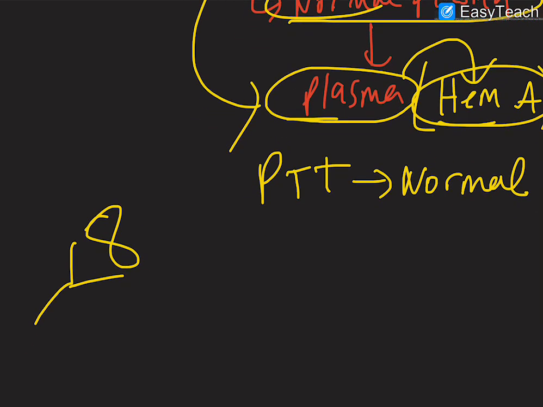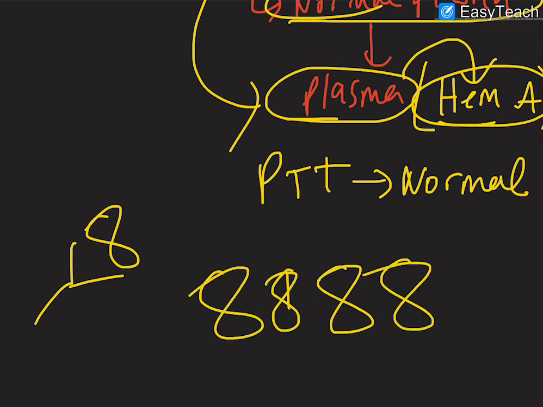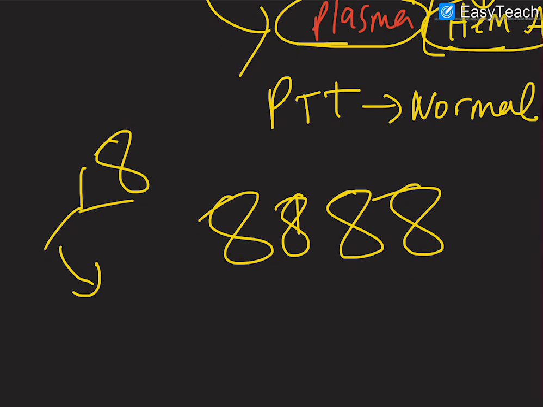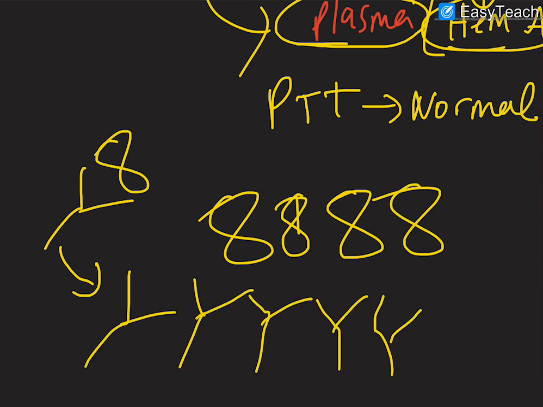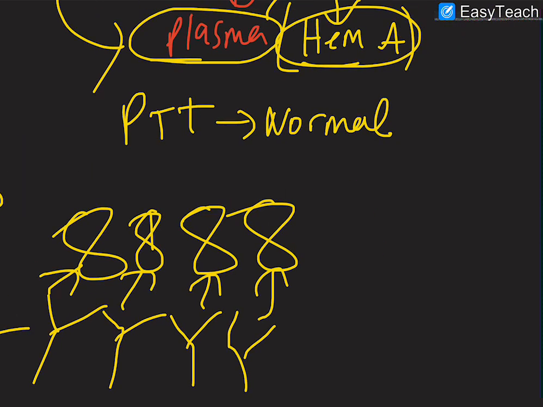And then if you mixed normal plasma, so you gave more functional factor VIII to this patient's plasma who has a factor inhibitor against factor VIII, the PTT wouldn't correct because then the antibodies in this patient's plasma would just bind the extra factor VIII given, right, by the normal plasma. So your PTT still wouldn't correct.